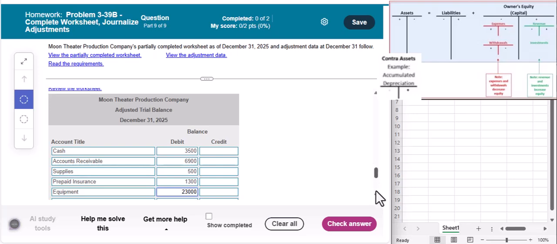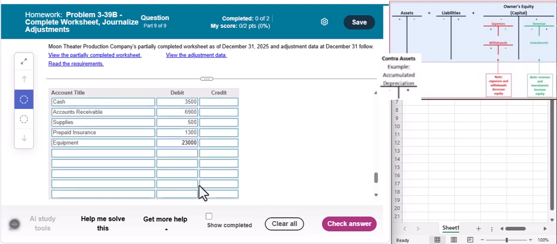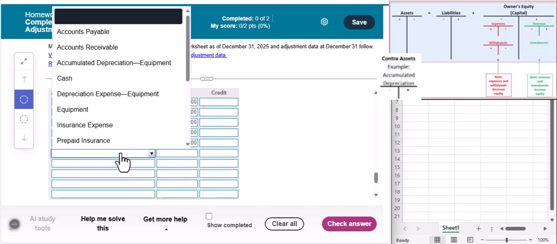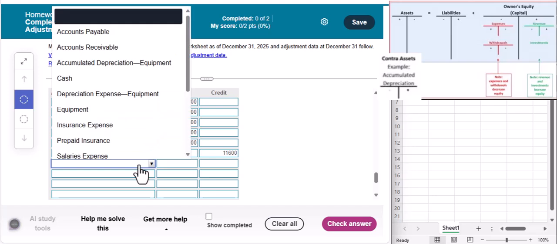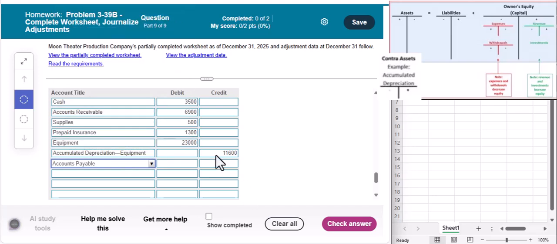And then we move on to our one contra asset, accumulated depreciation on equipment, which follows equipment. So that's $11,600 as a credit because it is a contra asset. So that means it will have a balance on the credit side. So again, now we're moving on to liabilities, accounts payable. Balance sits on the credit side for these.